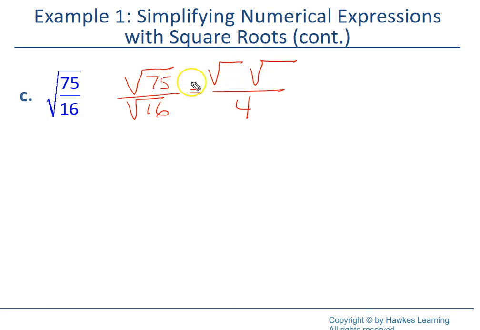And perhaps you could see 25 times 3. So this will be 5, the square root of 3, over 4. And that's how we get it.